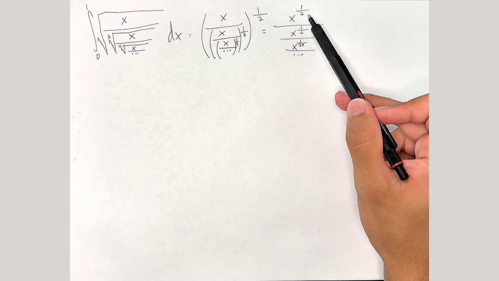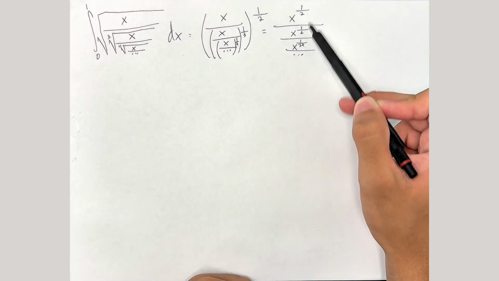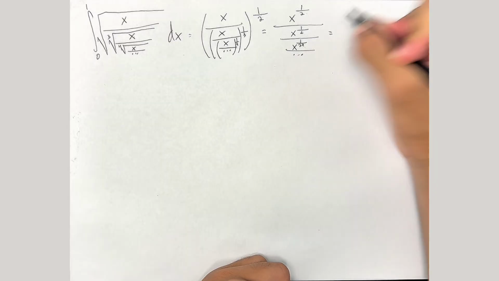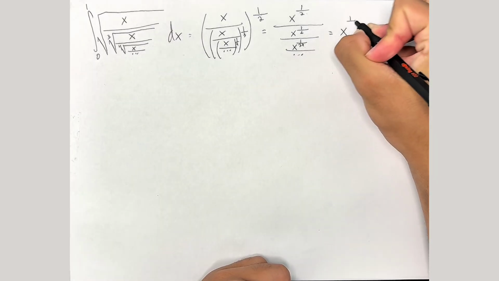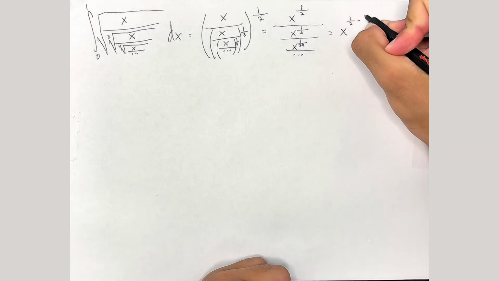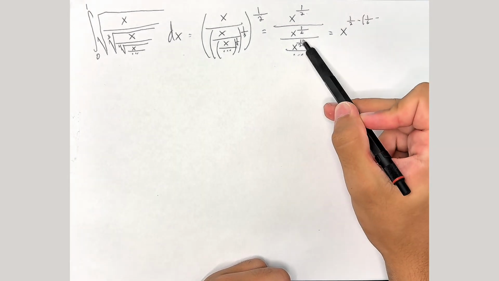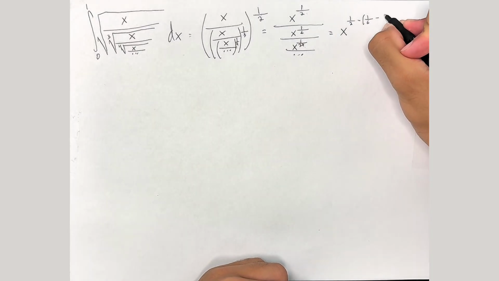Using properties of exponents, we can then subtract all of the exponents from each other, and we are left with x to the 1/2 minus 1/6 minus 1 over 24.